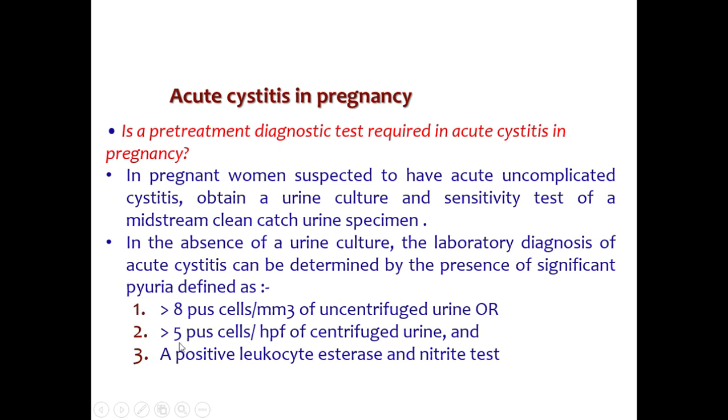We may find more than 8 pus cells per cubic millimeter of uncentrifuged urine, or the presence of 5 pus cells per high power field of centrifuged urine, or we may find a positive leukocyte esterase and nitrite test, which are the diagnostic tests for the presence of acute cystitis without the culture and sensitivity test.